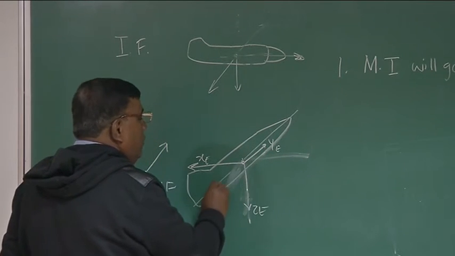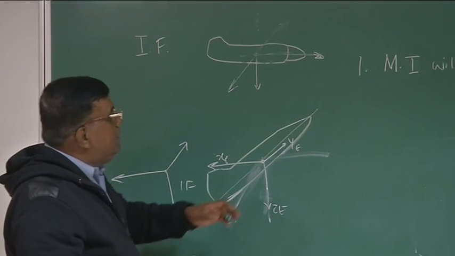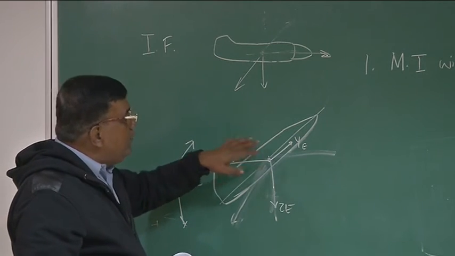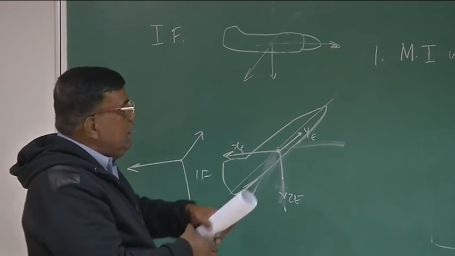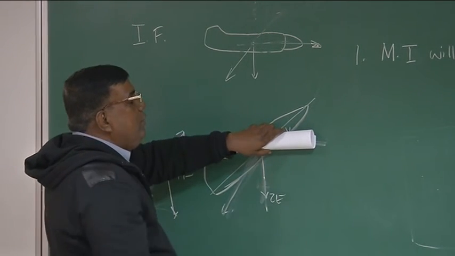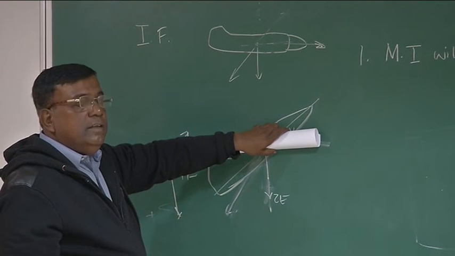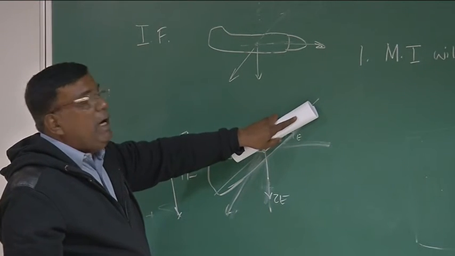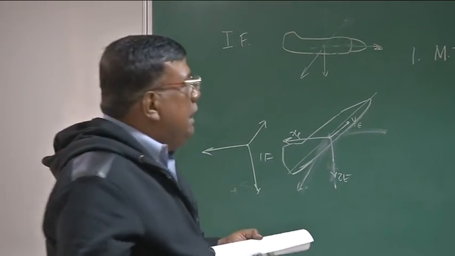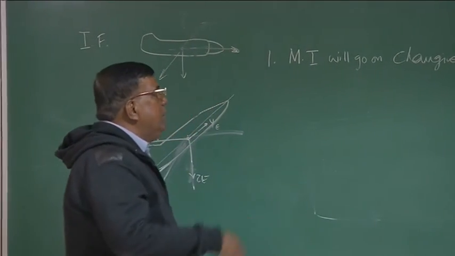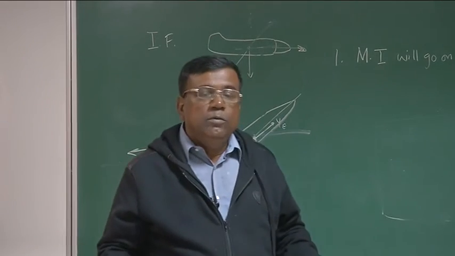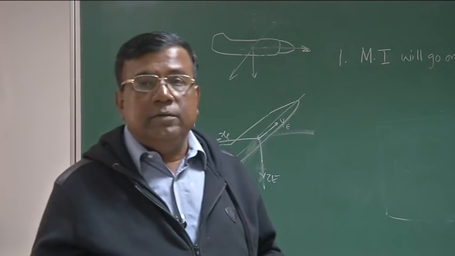Now, as the body has rotated, the distance of the particles from the x, y, z axes is also changing. If a particle was initially here, it has some coordinates with respect to the earth fixed x, y, z axes. If it rotates, the same particle will now have different coordinates. So, its moment of inertia will change. That means, as the body rotates, if I am working with the inertial frame, its moment of inertia will go on changing with time, which creates a lot of complication for computation.